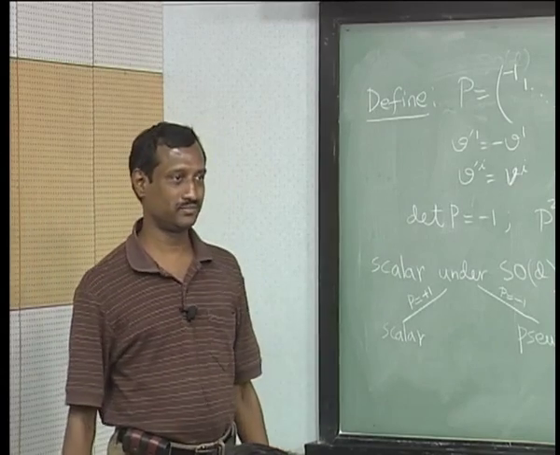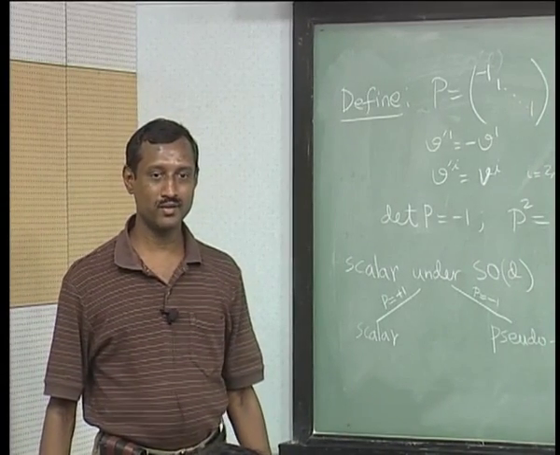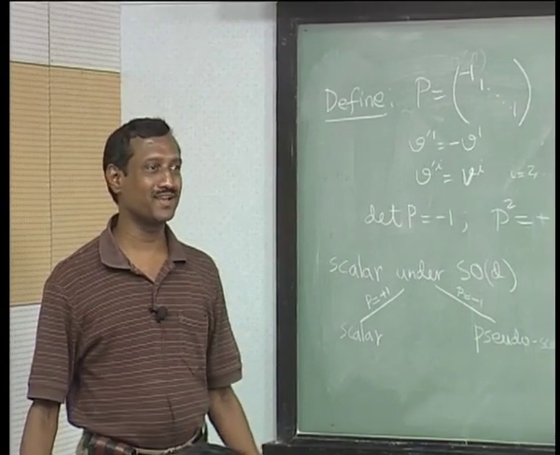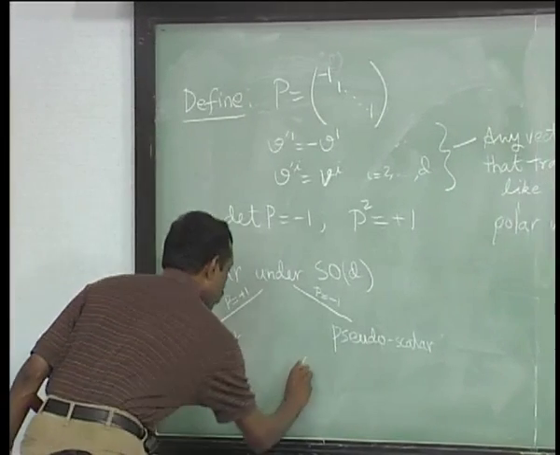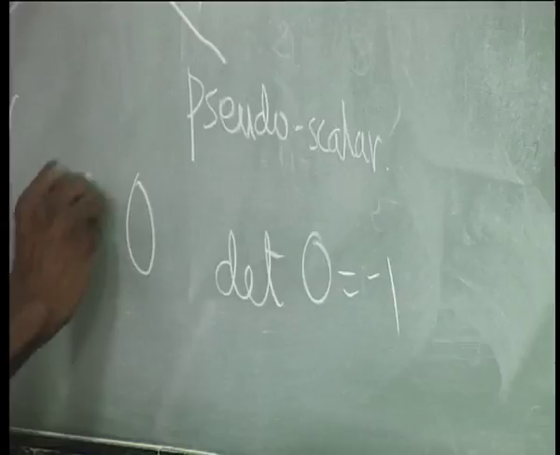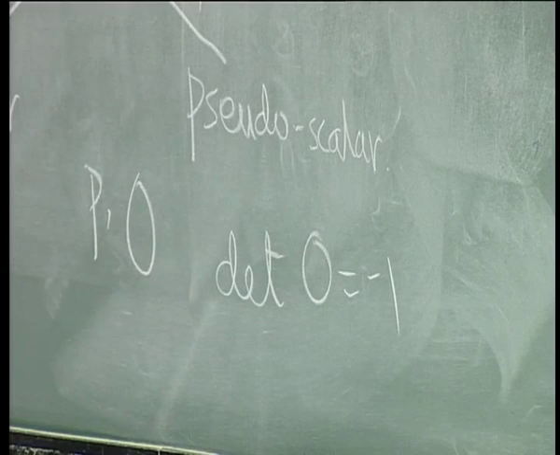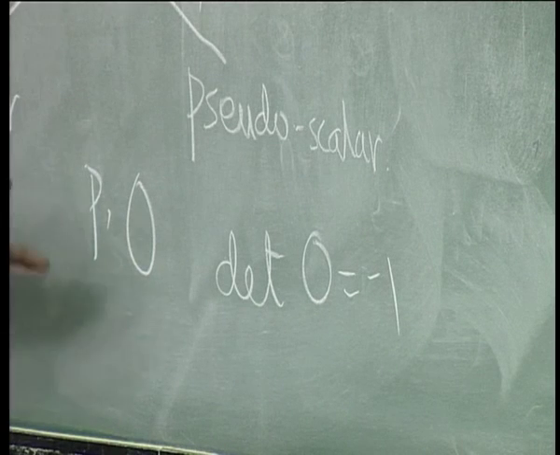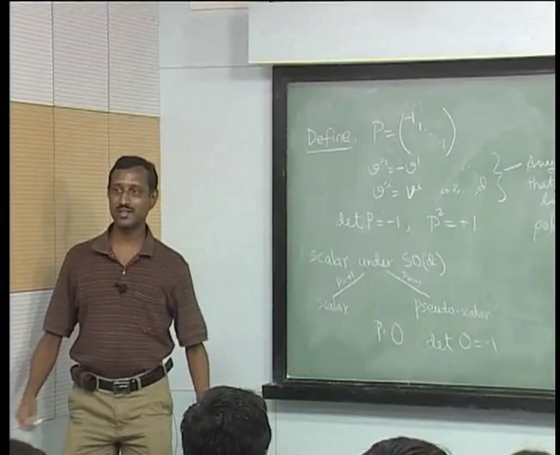It is not very hard. Okay. The way to see it is that if you give me a matrix O such that determinant O equal to -1, consider the matrix PO. Yeah, this will be an orthogonal matrix. P square is 1 anyway. So, okay, you can see that it is unique.